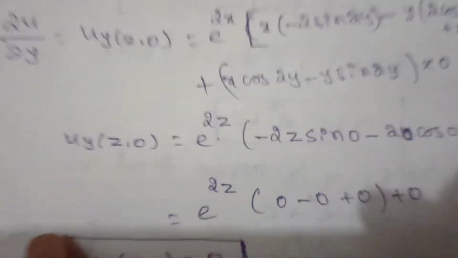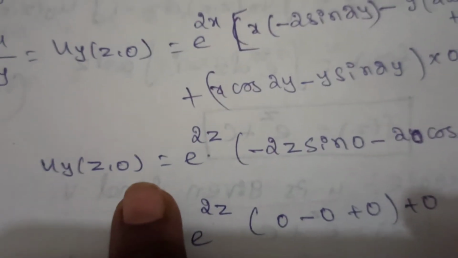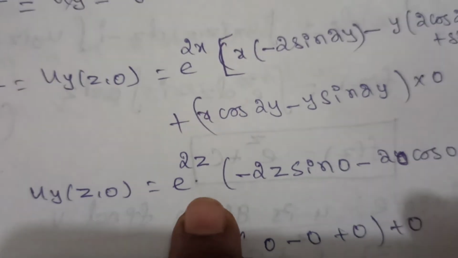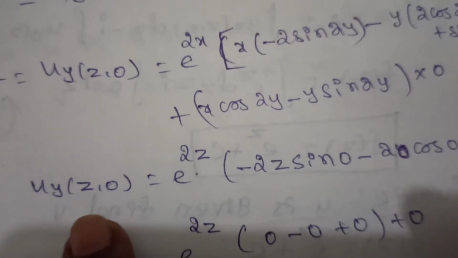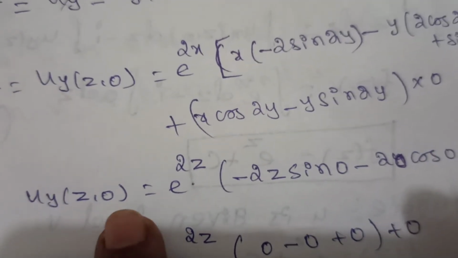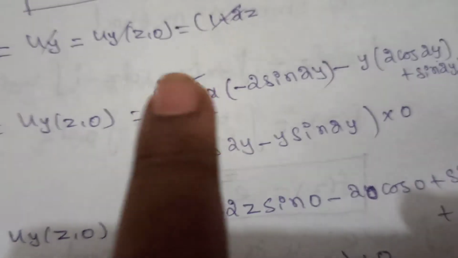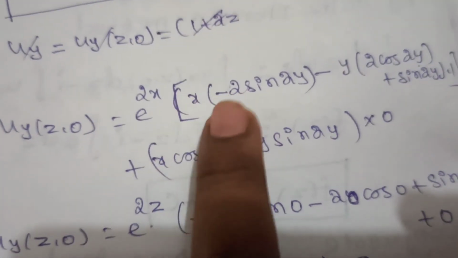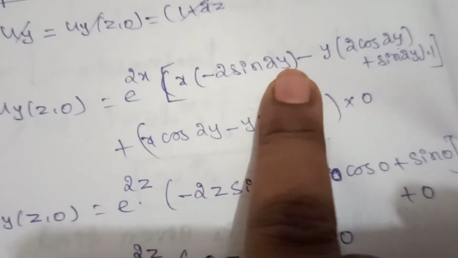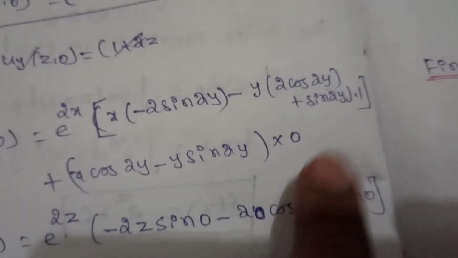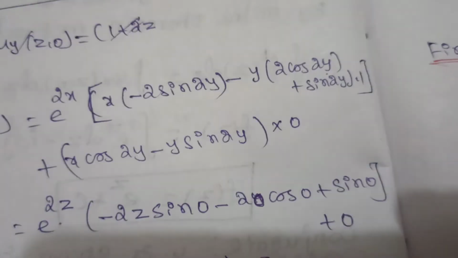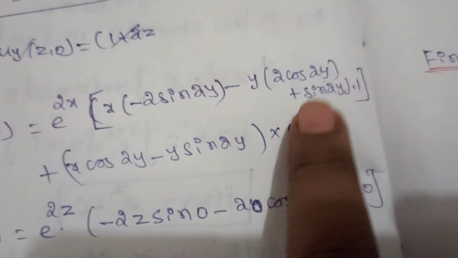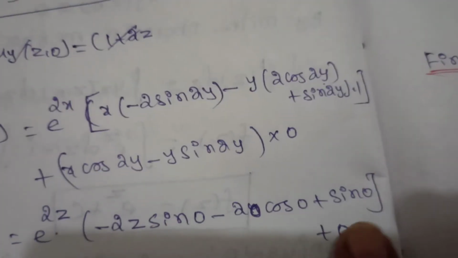Okay, and next u_y of (z, 0), we have to apply the point x and y: substitute x as z and y as 0. That is e^(2z) into 2z sin 0 minus, substituting 0 for y, this term becomes 0, plus sin 2y, that is sin 0 value 0.